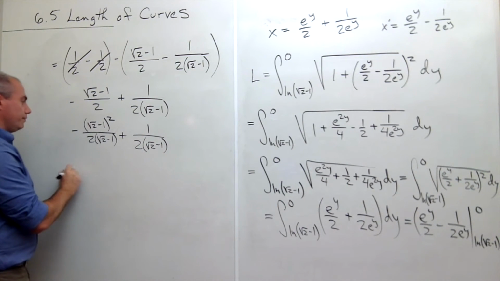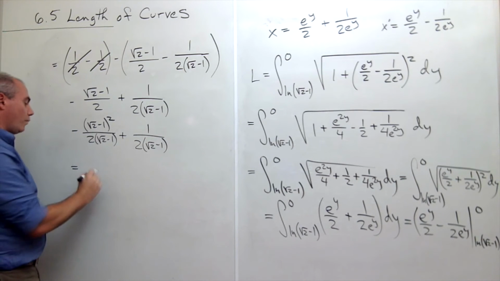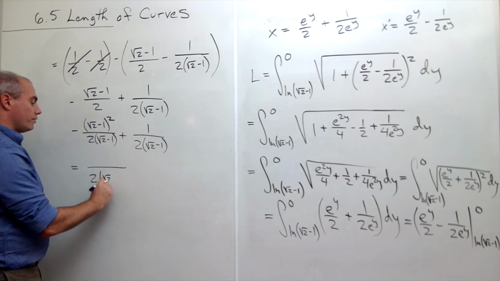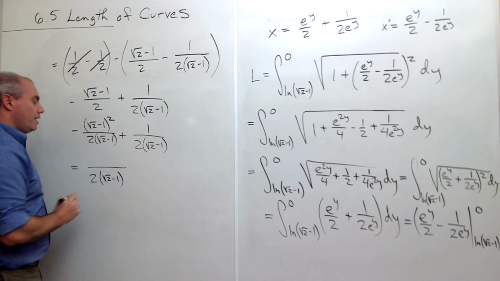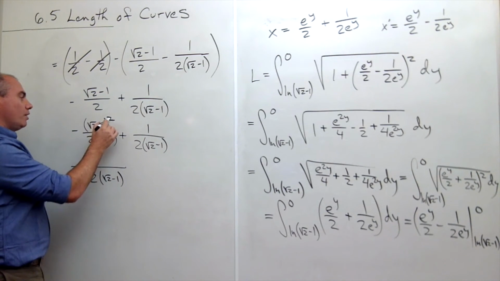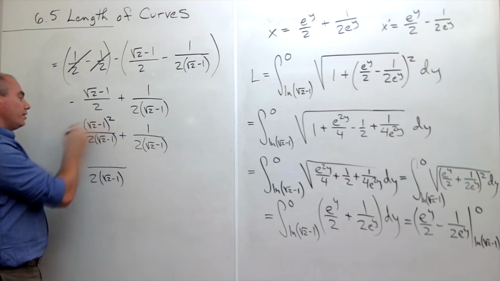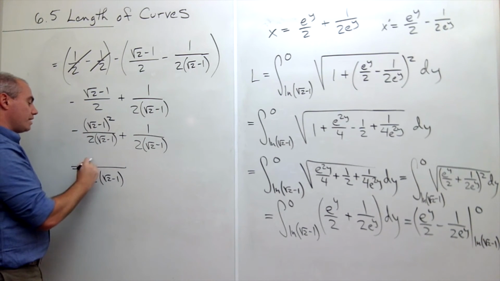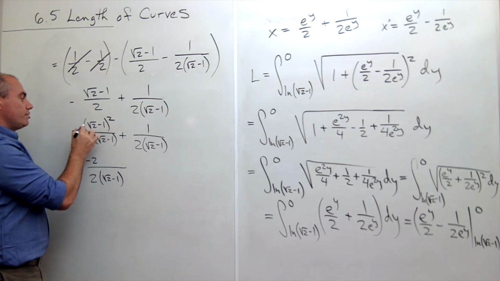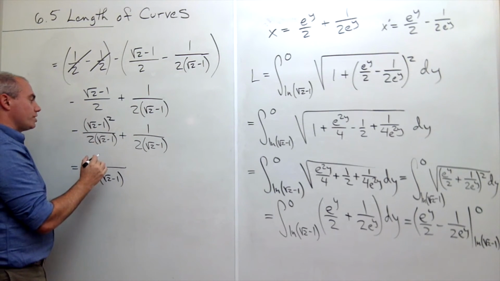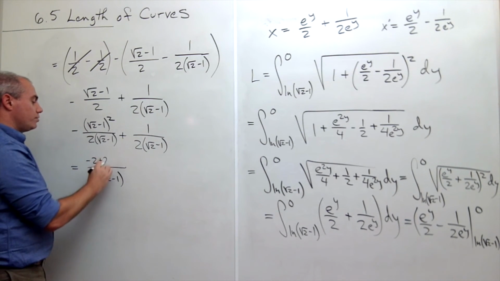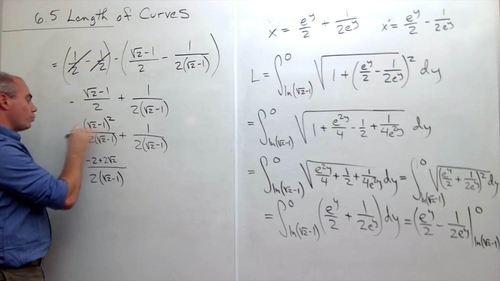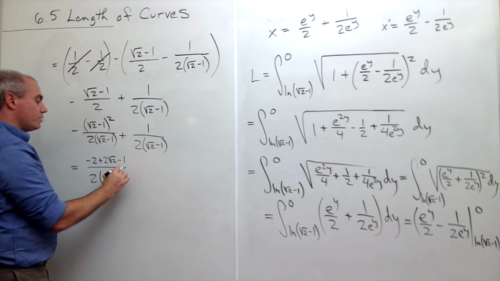Combine those two and I get what? Well, on the bottom, I definitely get 2 times the square root of 2 minus 1. And on the top, what do I get? Well, these are all negative. So I get this guy squared, which is 2, so minus 2. I get 2 times the first times the second, which is positive 2 square root 2. And the second one squared is 1 times a negative is minus 1.